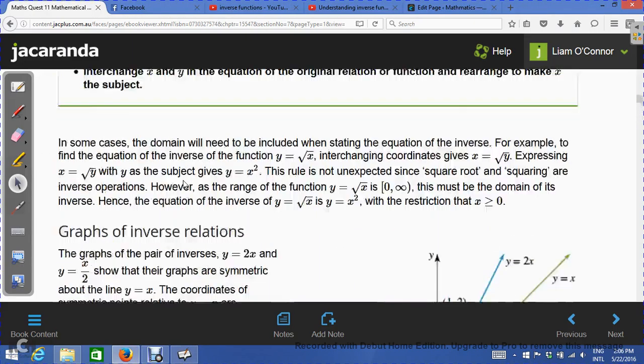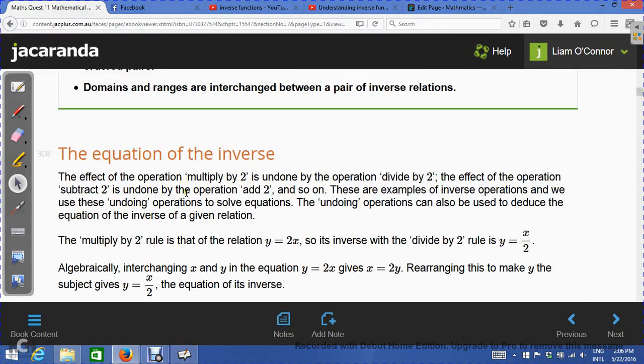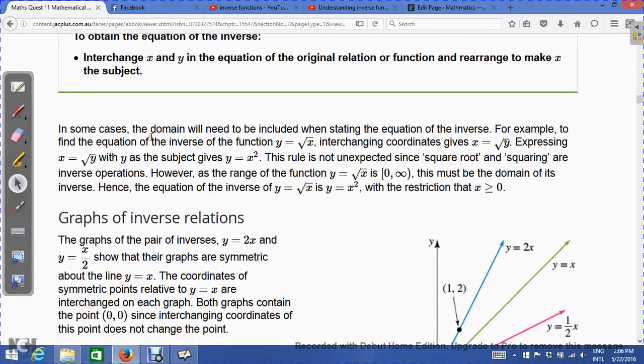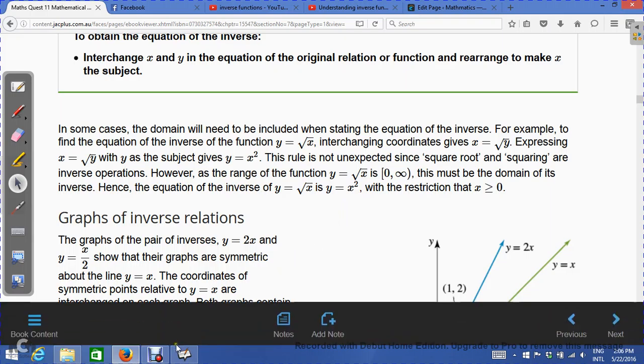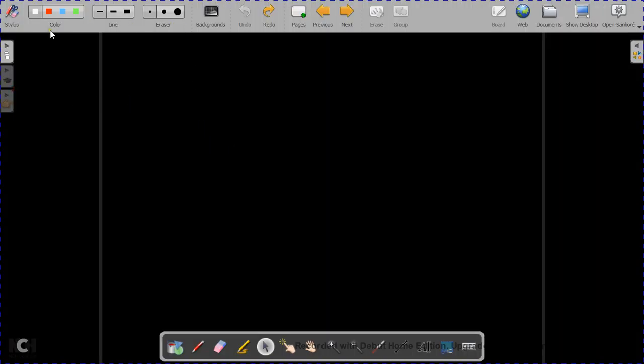Now let's go back up a bit. Alright, so in some cases the domain will need to be included when stating the equation of the inverse. For example, to find the equation of the inverse of y equals the square root of x. So let's have a look at that. y equals the square root of x.